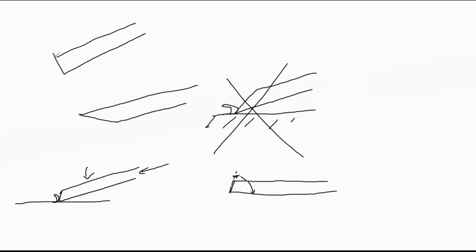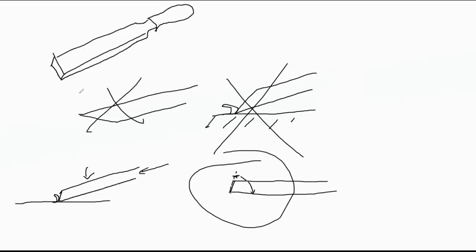The tool looks like a big file or a big chisel. It's a long piece of metal. It has a handle to hold it, and you use the end, which is sharpened in this way, to remove the upper layers.